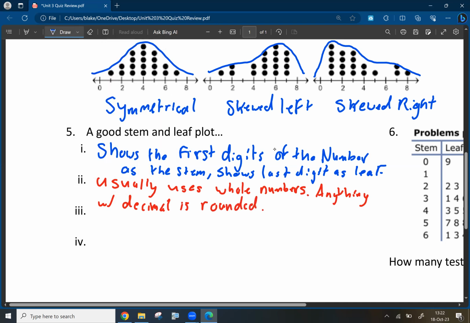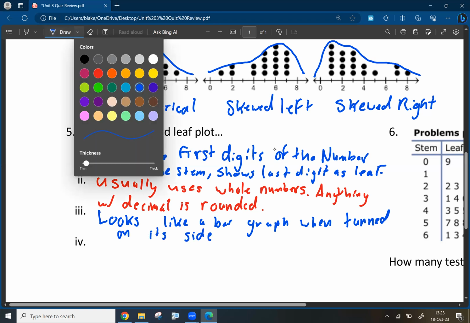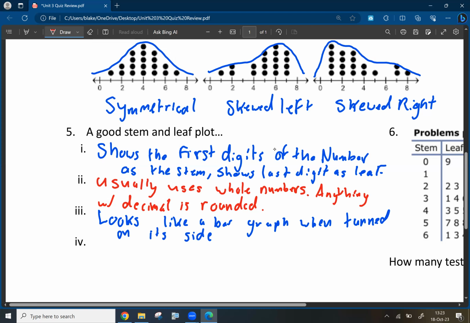Let's go back to blue again so we can tell the difference. The third thing is it looks like a bar graph when it's turned on its side. This is true. And then the fourth and final thing is that it shows how the data are spread.